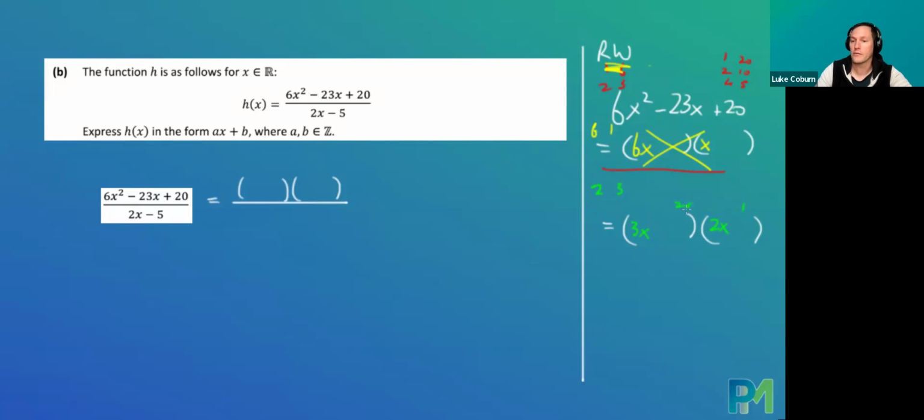Minus 1 and 20. No, it's not going to work, because that's going to be 40 and minus 3. Okay, close. So that one's out. So it has to be one of these two: 2 and 10, minus and minus.